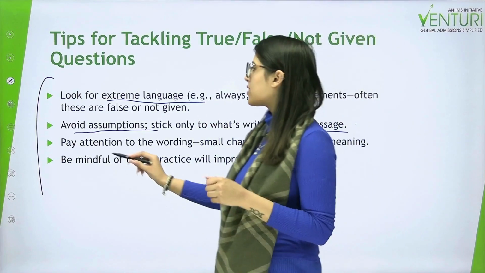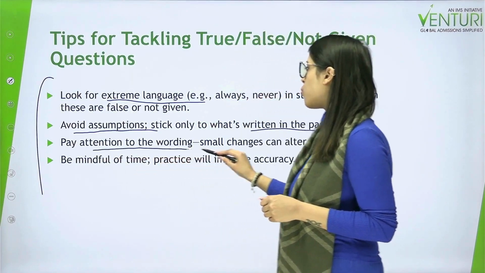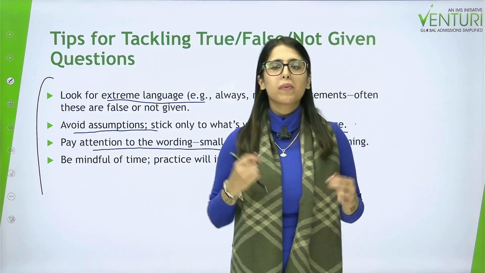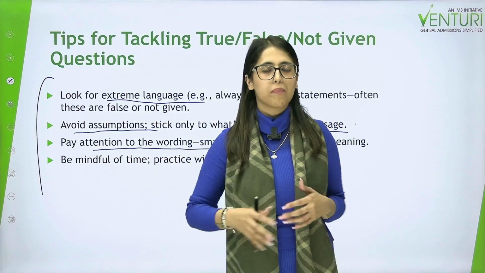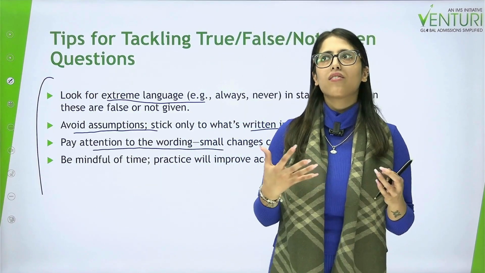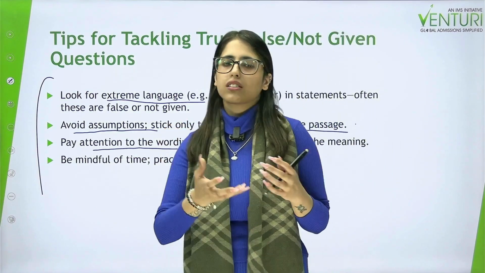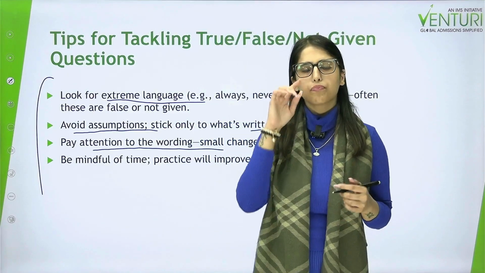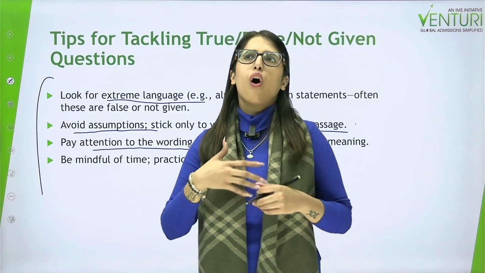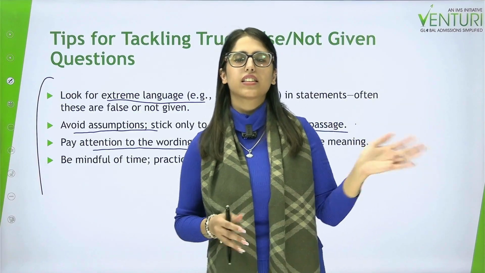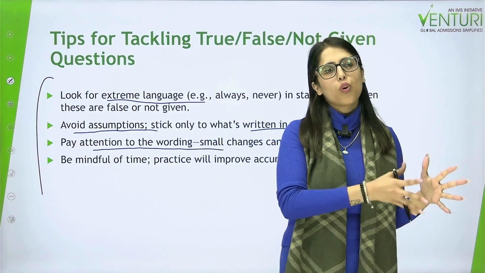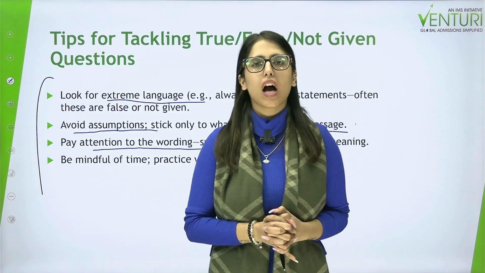The third one is that you have to again pay attention to wording. So you have to be very careful when you are working with different words. So I'll give you another example for this one. Let's say you are working with a question statement which says that in Khushboo's house all the roses are red, and in the passage it says that a few of the roses in Khushboo's house are red.